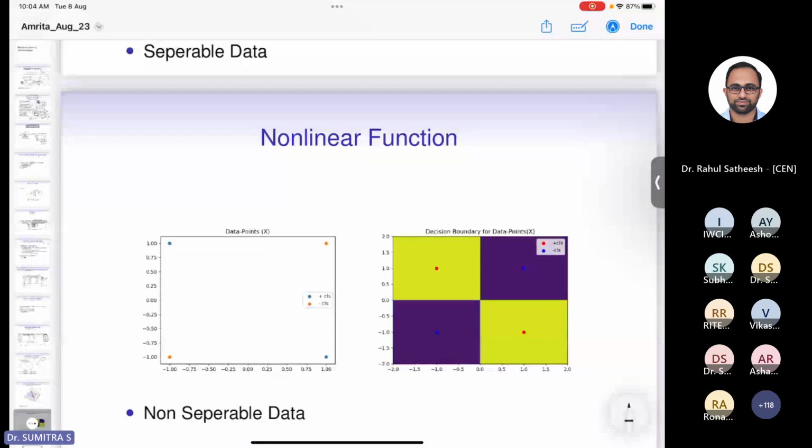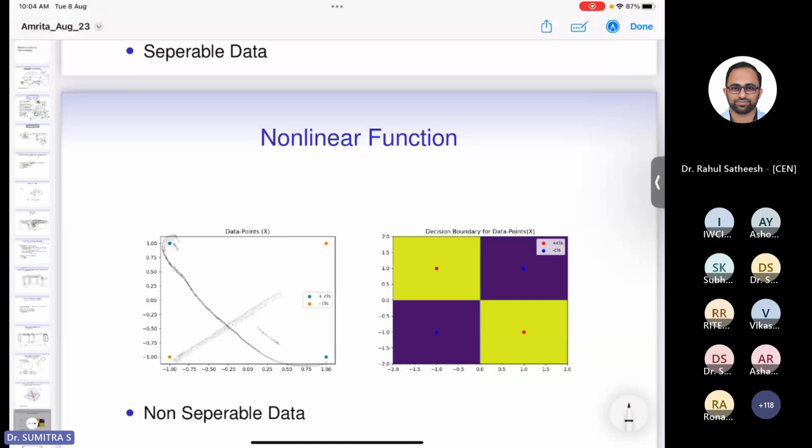No. The answer is no. A decision boundary may be a hyperplane or not a hyperplane. For example, look at this data. This belongs to one group and this belongs to another group. I can never find a line such that these two belong to one side and these two belong to the other side.